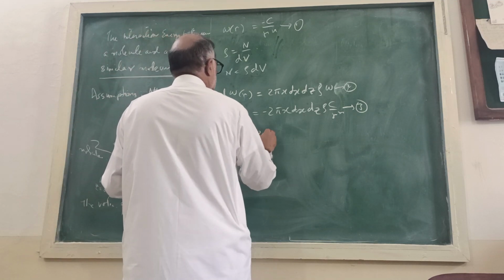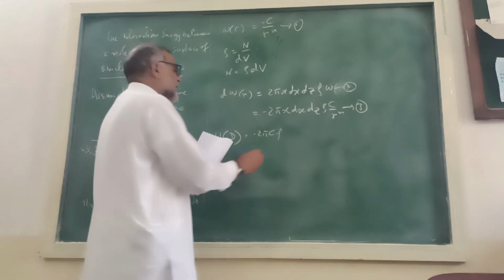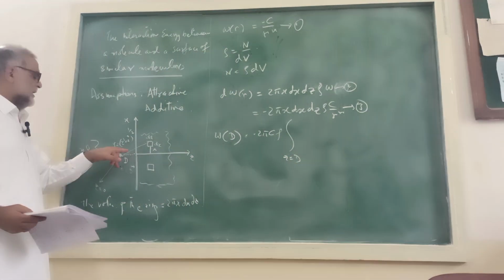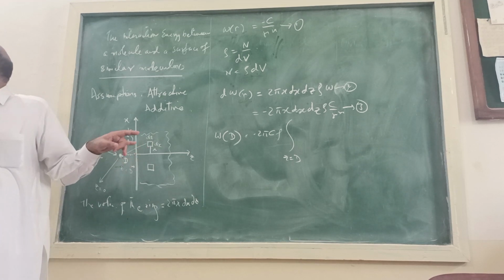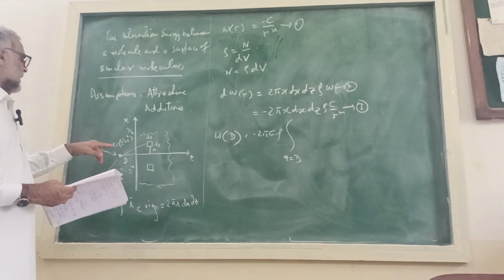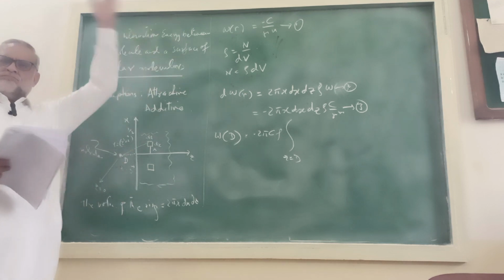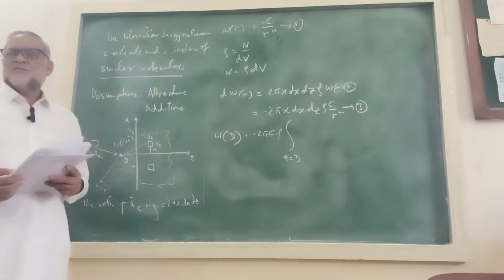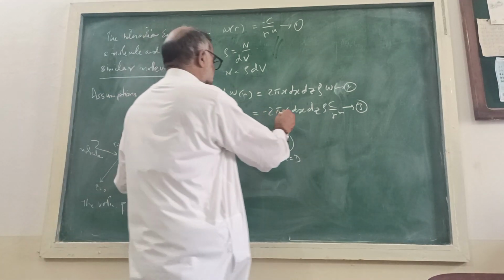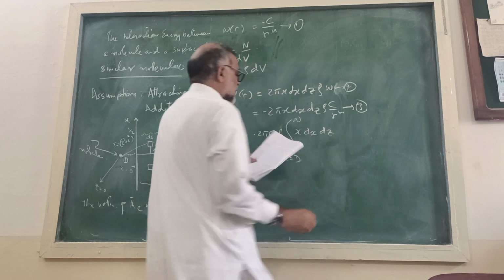So it's equal to minus 2 pi, c constant and rho constant, and from z equal to d to infinity, because we will see how we can simplify. So from z equal to d to infinity, and there will be x dx and dz.